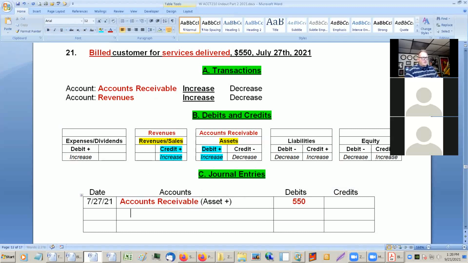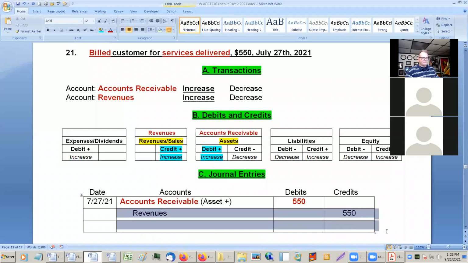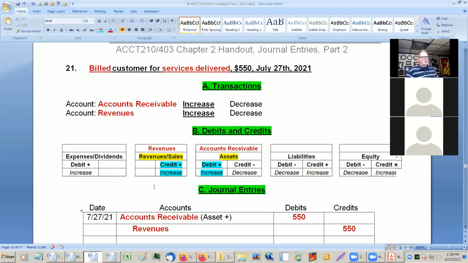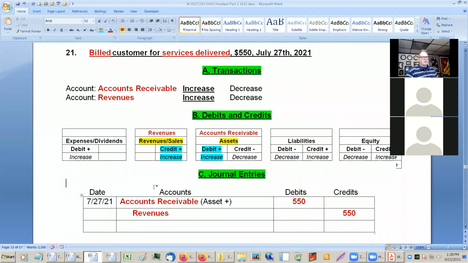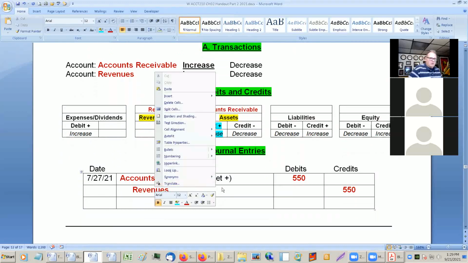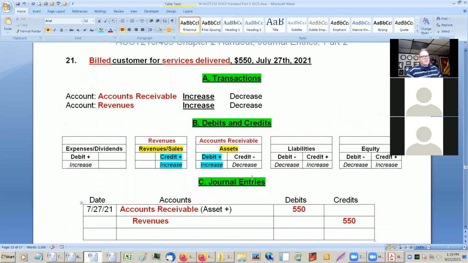And on the other side, we have revenues, and they're always going up. They're always credits. Okay. Question on anything?